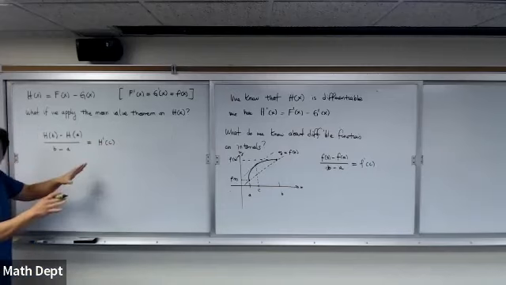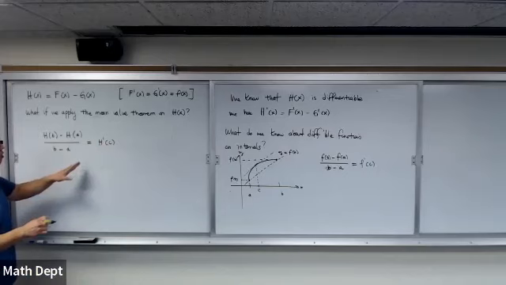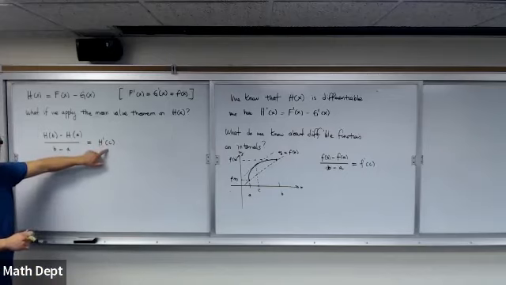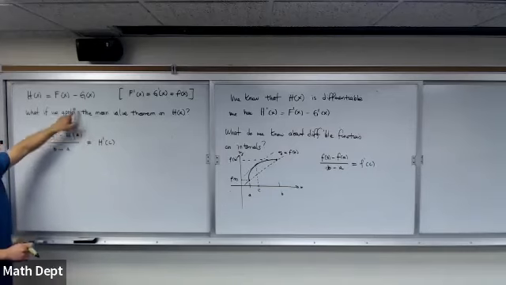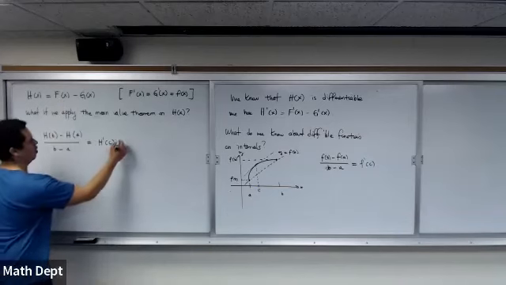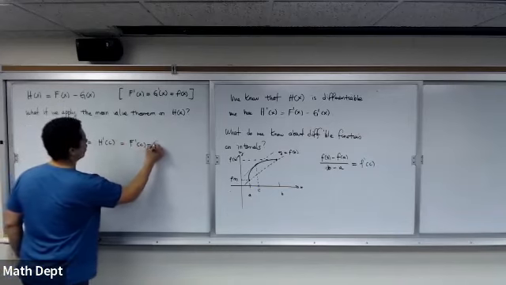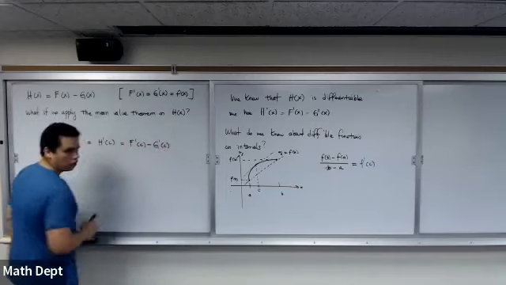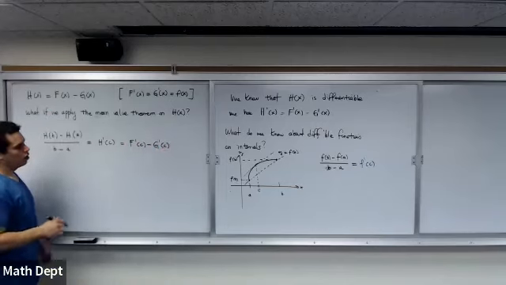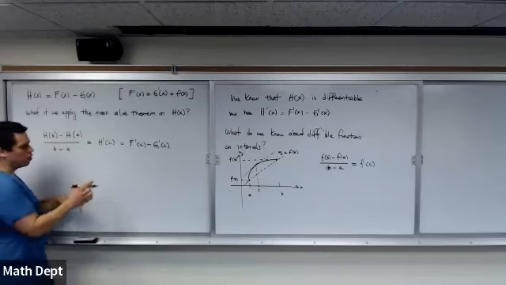But then you say, well, wait. I know what this is. I know that h prime of c is the difference of f prime evaluated at c minus g prime evaluated at c. Then you say, well, wait a second.